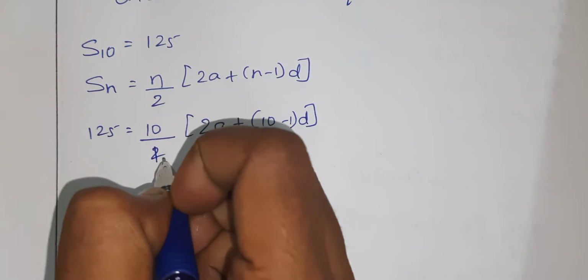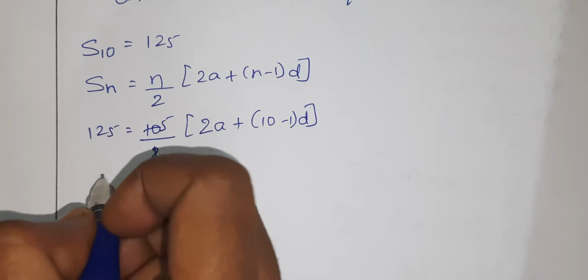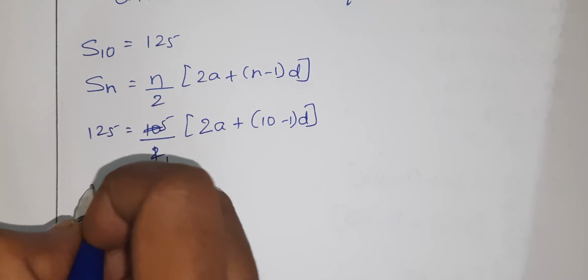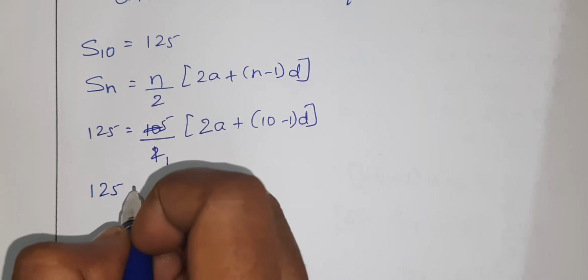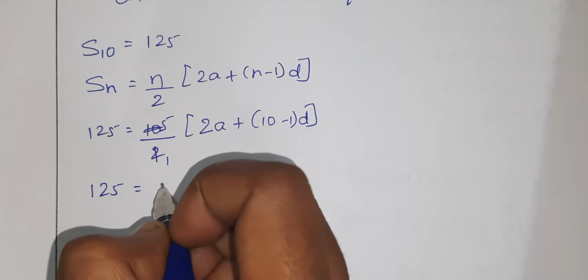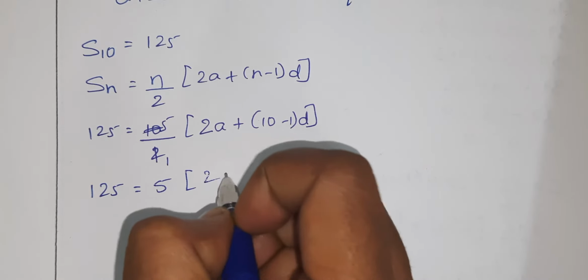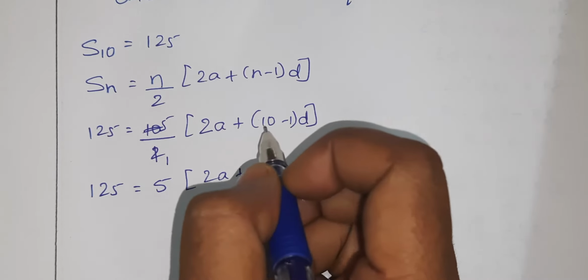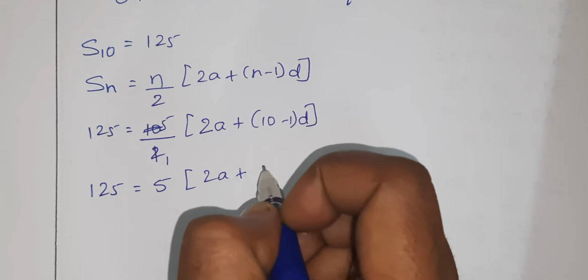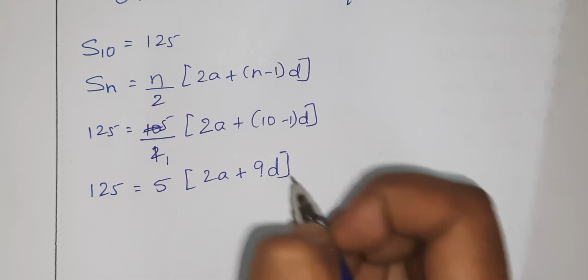Let us cancel this. 2 ones are 2, 5 twos are 10. Just nothing but 125 equals 5 into 2a plus 10 minus 1, it is 9d.